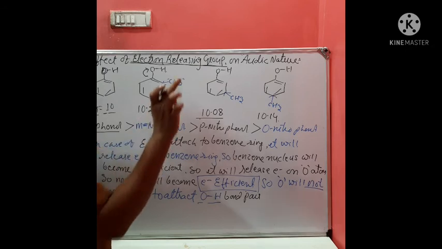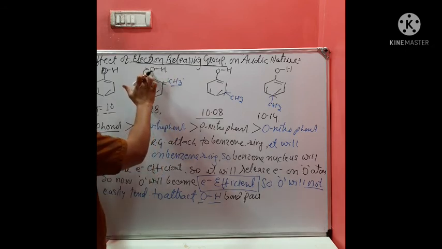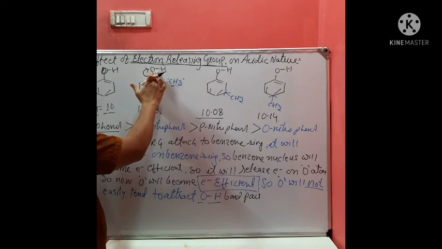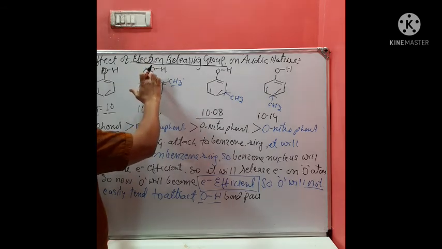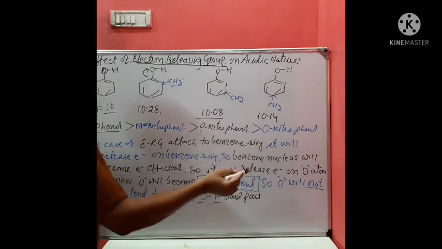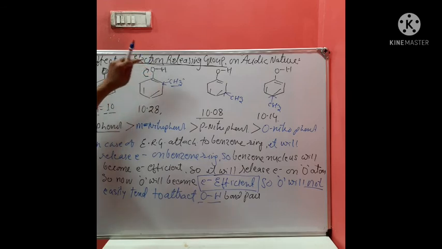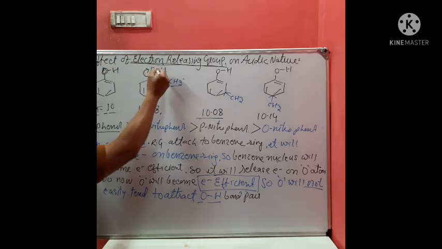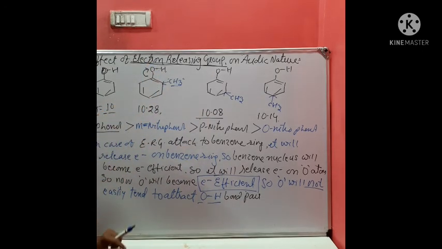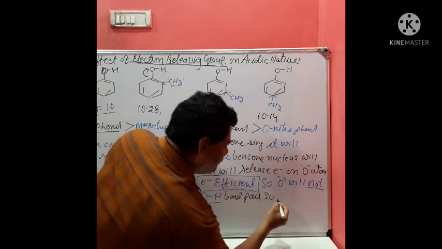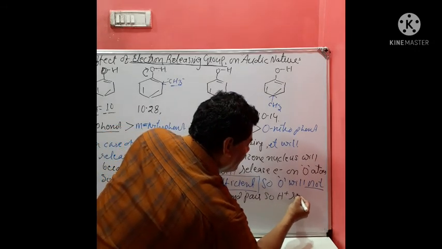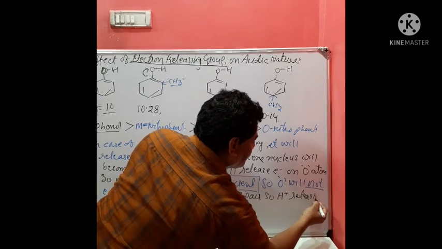The release of hydrogen depends on its electron density. If it is less dense, then it will attract electrons. If it is more dense, then it will not attract electrons. So now oxygen becomes electron efficient. If it in itself becomes electron efficient, then it will not attract the electron of the OH bond, and thus hydrogen will remain attached with it. So hydrogen cation releasing capacity will decrease.